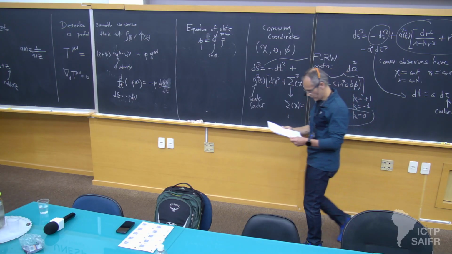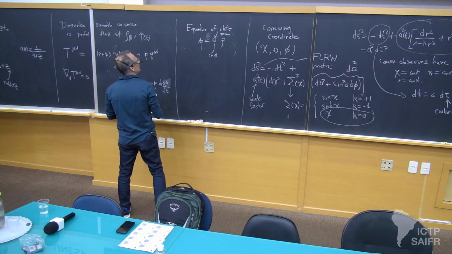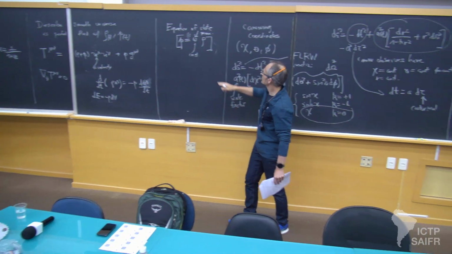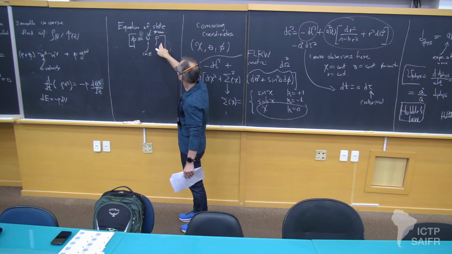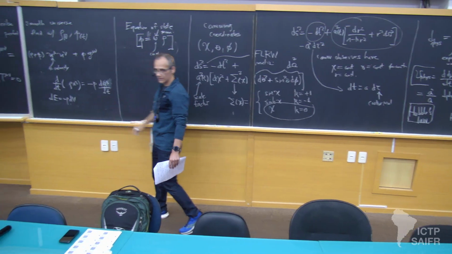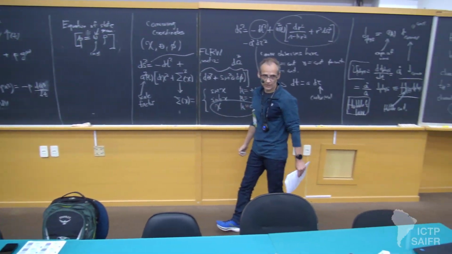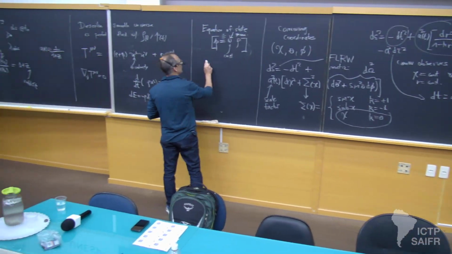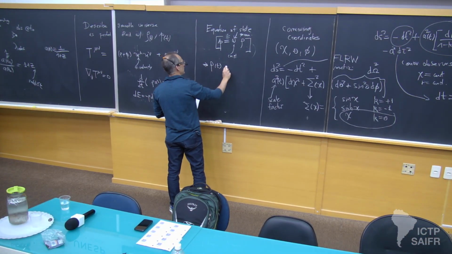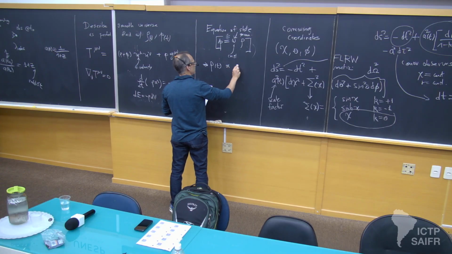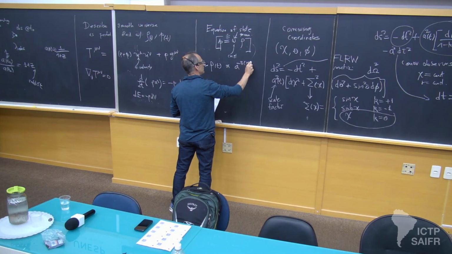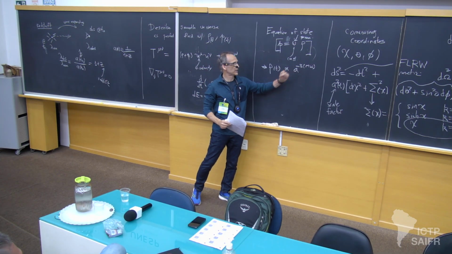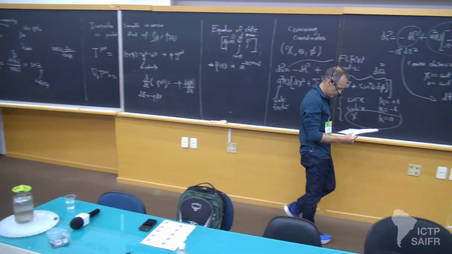As a first exercise, you can plug this in here, then you have an equation for rho as a function of time, or rho as a function of the scale factor, and you derive from here that necessarily the time dependence of the density is through the scale factor as a to the minus 3(1 plus w).